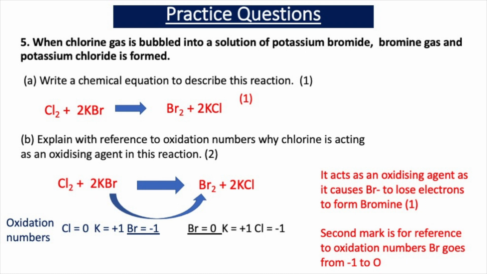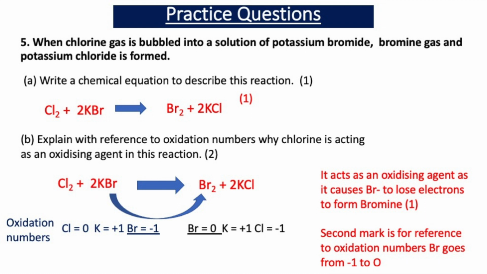So the reason that chlorine is acting as an oxidizing agent here is because it's causing Br- ions to each lose an electron to form bromine atoms and then bromine molecules. So your two Br- ions in 2KBr are both losing an electron each to form Br2.